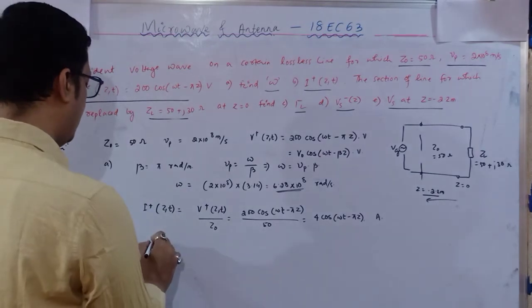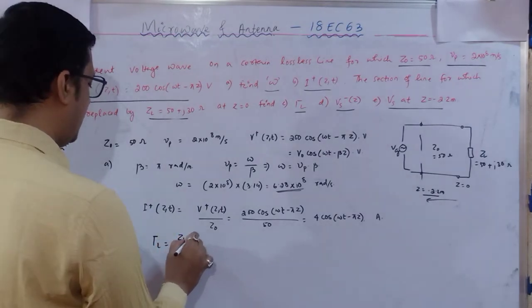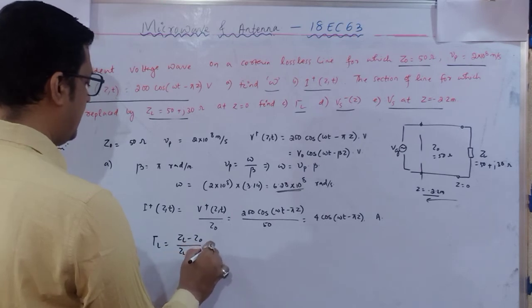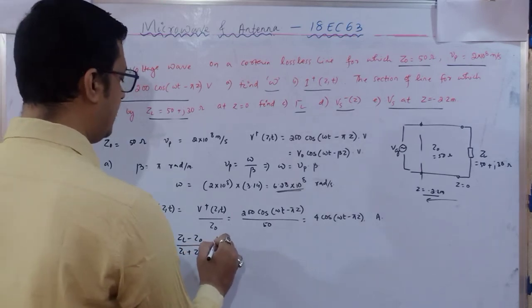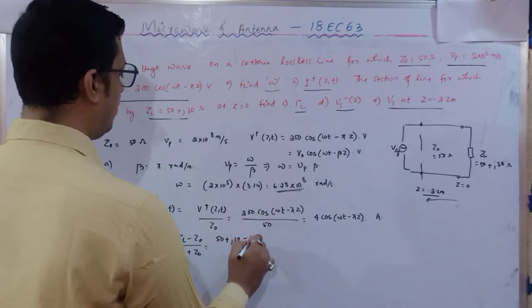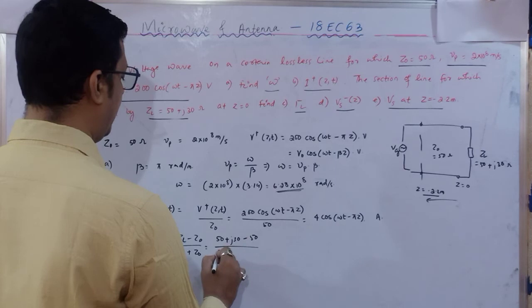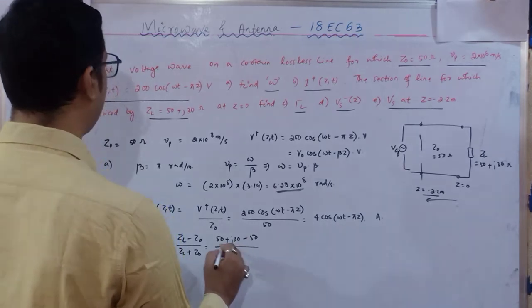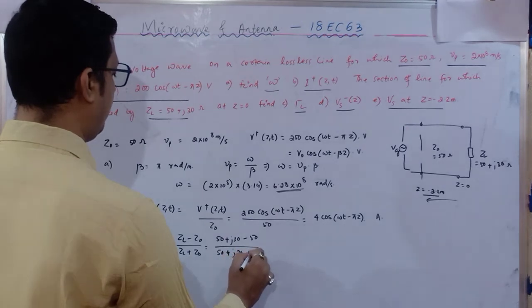Simple. The reflection coefficient is (ZL minus Z naught) divided by (ZL plus Z naught). So ZL is 50 plus j30 minus 50, divided by 50 plus j30 plus 50.